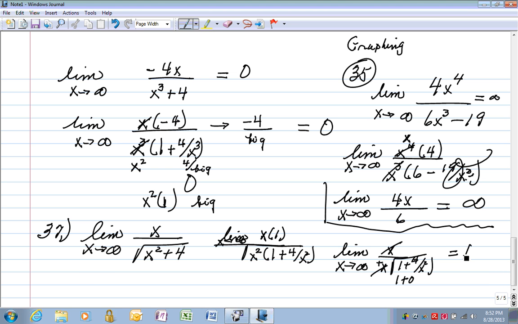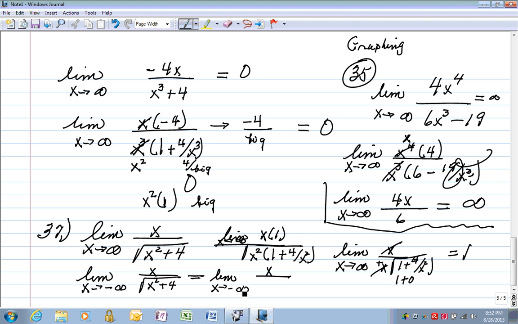Now, I want to do this problem again and change it up. Suppose I have the limit as x goes to negative infinity of x over the square root of x squared plus 4. In theory, the top would stay as an x, because I'm not doing anything to it.